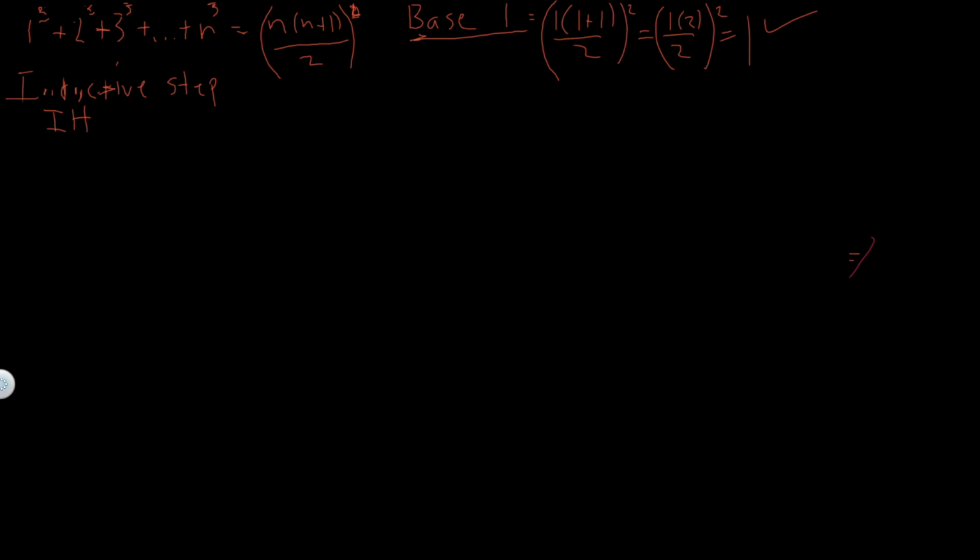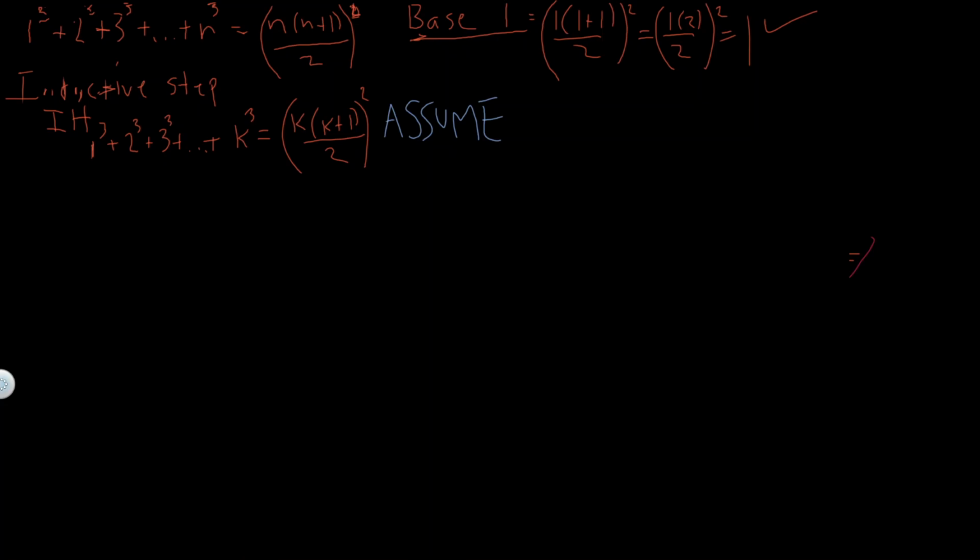So I'm going to write out 1 cubed plus 2 cubed plus 3 cubed plus ... up to k cubed. We're going to say that equals k times k plus 1 divided by 2, quantity squared. Now, this, again, is what we are going to assume. So that's what we're going to use to substitute later.